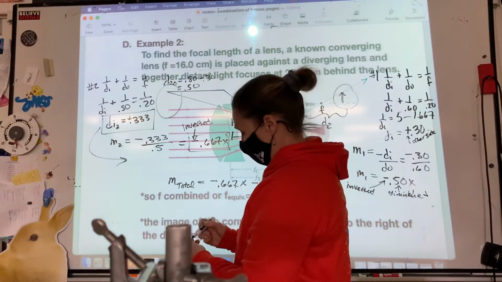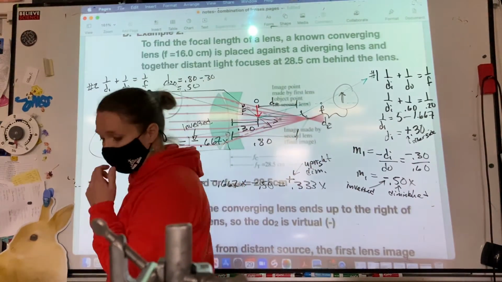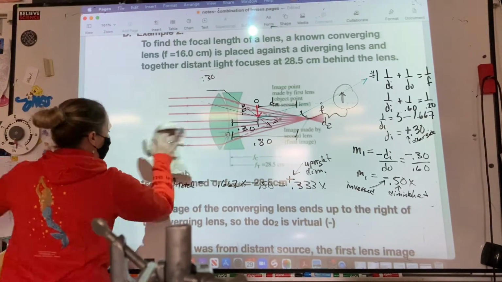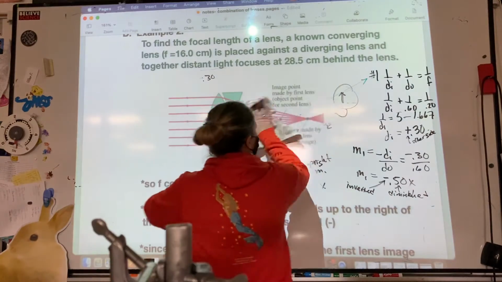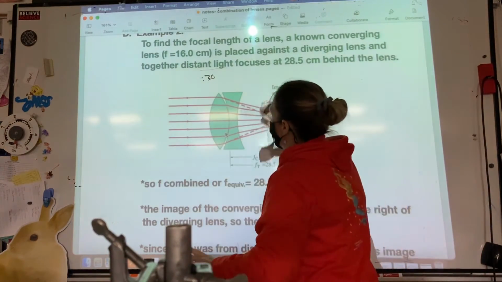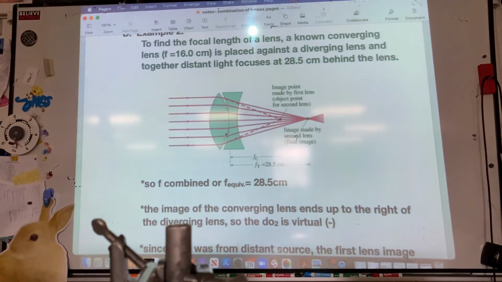So, let's look at this interesting scenario that you can apply. Let's say you wanted to know the focal length of an unknown lens. We just did that lab with a converging lens: you put the little piece of paper, got the candle glowing, saw the image, and found the focal length.